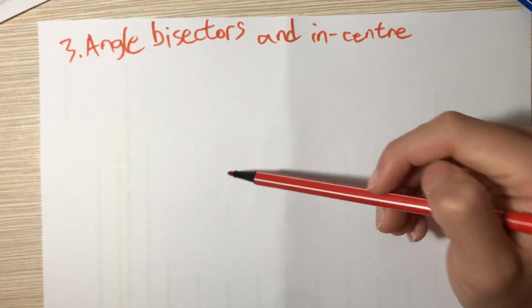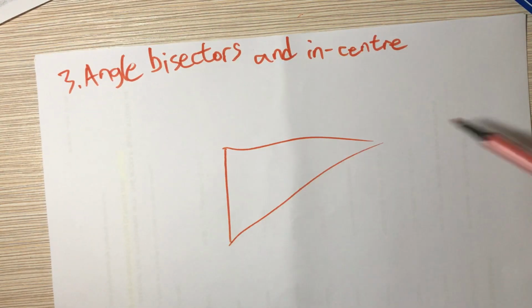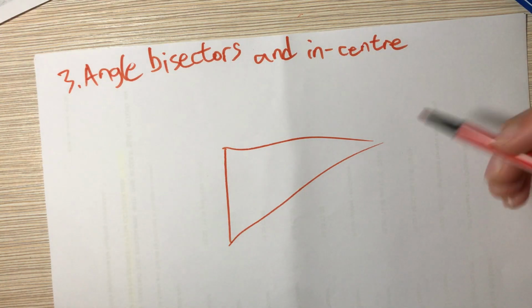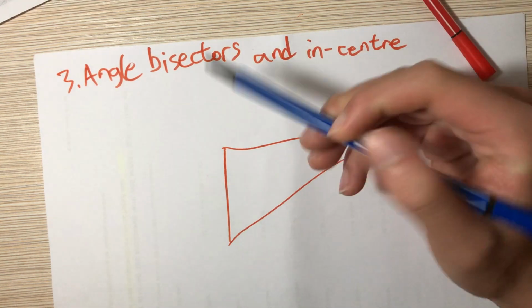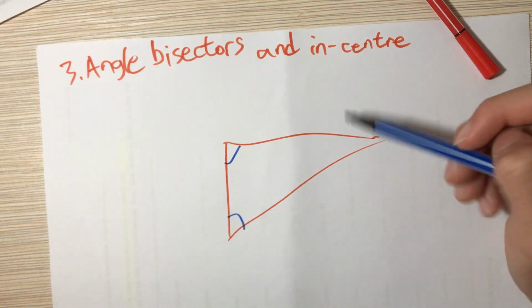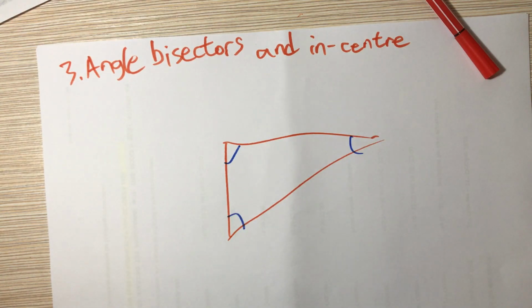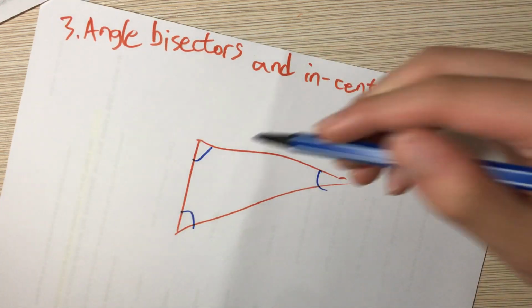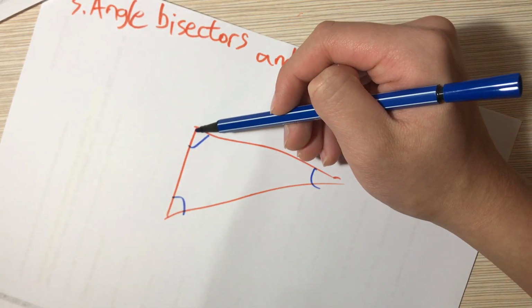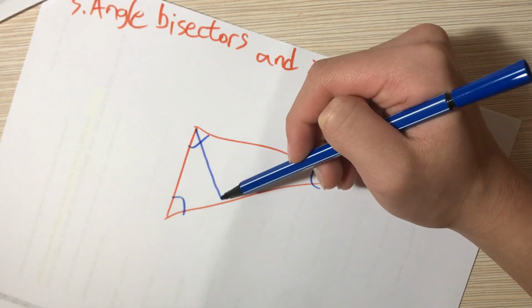Now again we draw a triangle first, like this, and we have 3 angles. Alright, isn't it? A triangle has 3 interior angles, and then we draw a line that bisects the angle.